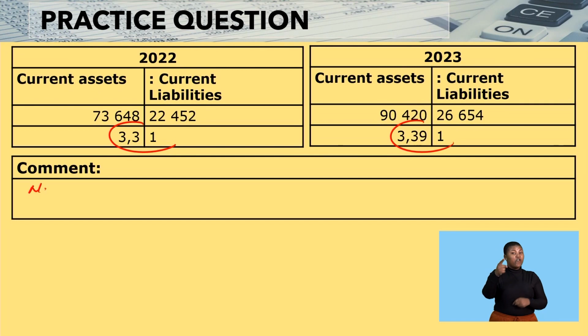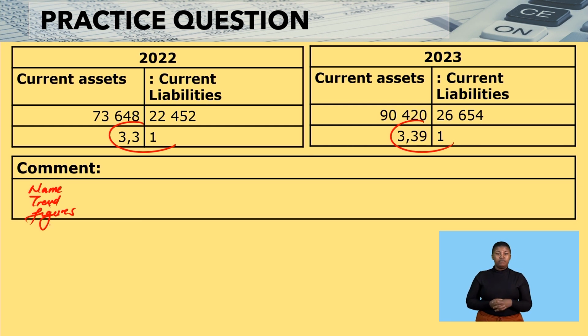The first one has to be the name of the financial indicator. The second one has to be the trend. Do I see an increase or do I see a decrease? And thirdly, I will need to talk of figures. So 3 aspects when I do my commenting: name, trend, figures.